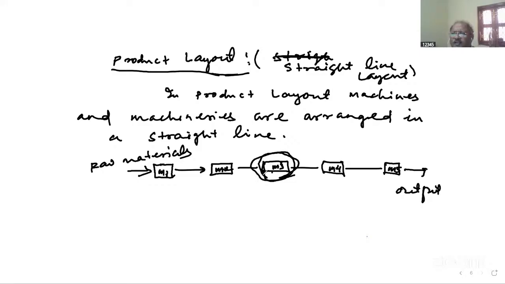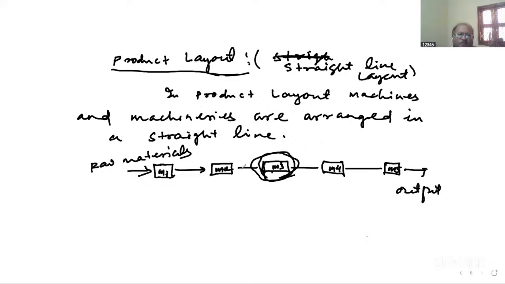And in case of product layout, for longer hours of working of machinery, a paced line is used and for variable workforce involvement. So this is your product layout.